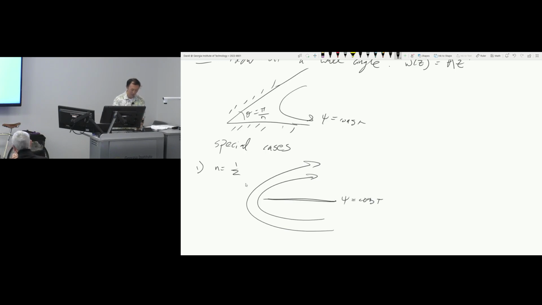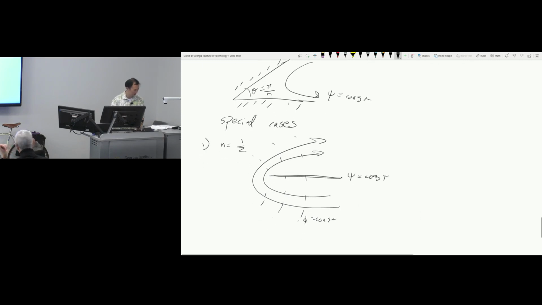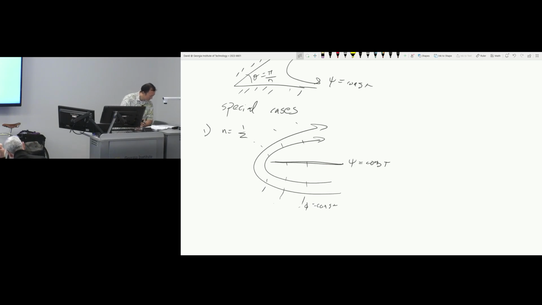And then equal potential lines, I'm trying to draw this parallel to phi. So this is phi equal to constant. Okay. So this is like flow around a plate.